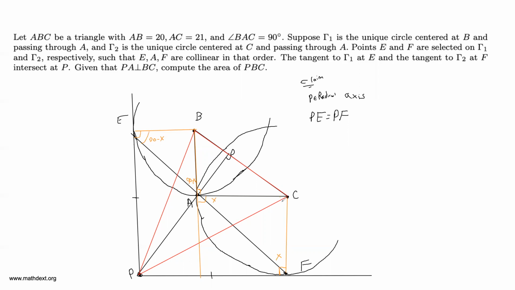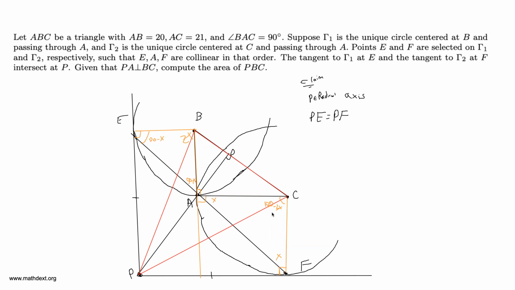It means that this angle is 180 minus 2X, from triangle CAF. And this angle over here is 2X, because triangle BAE needs to have angles that add up to 180 degrees.